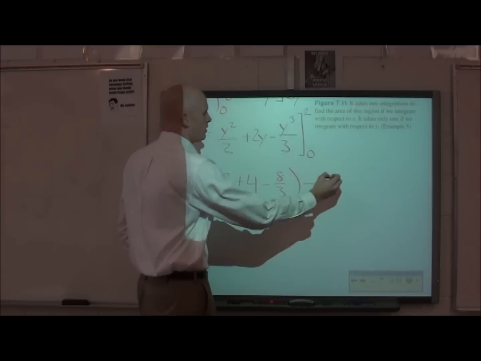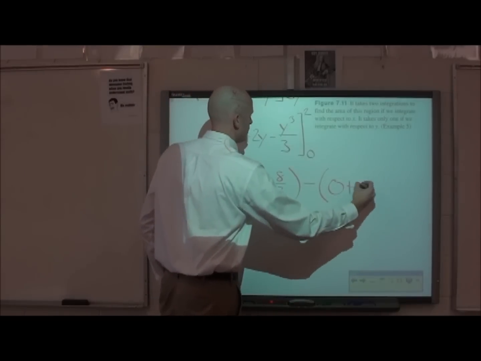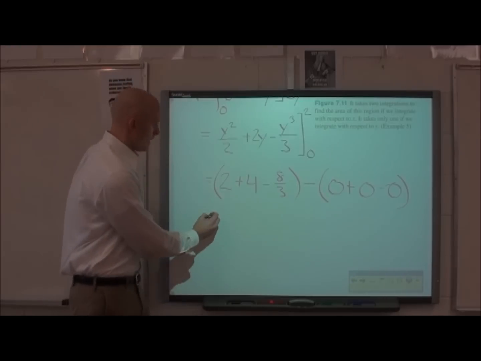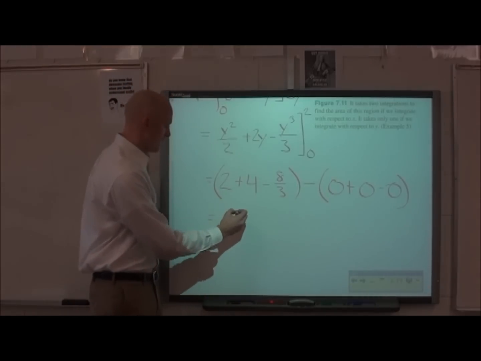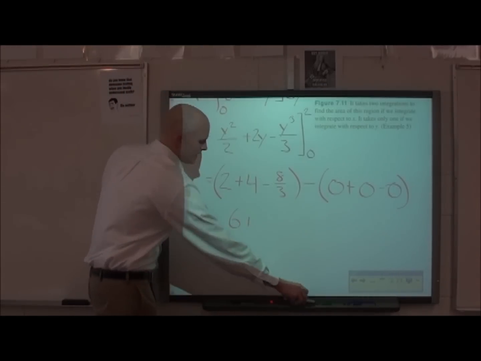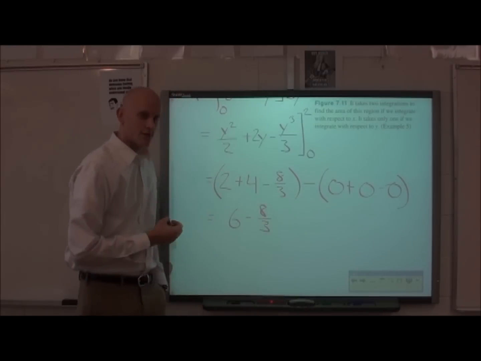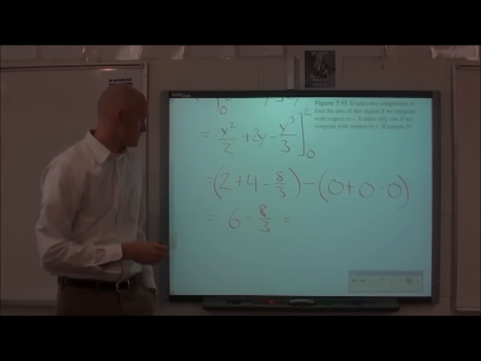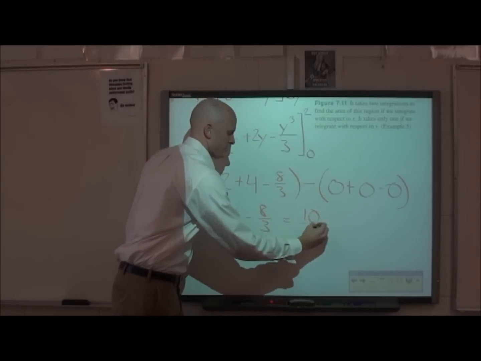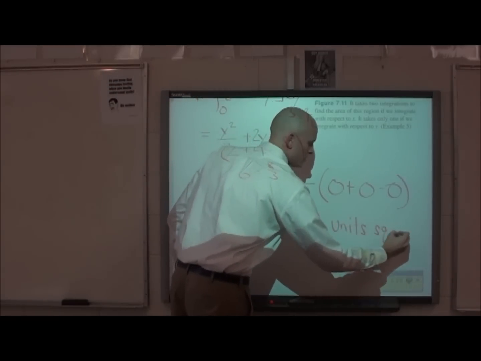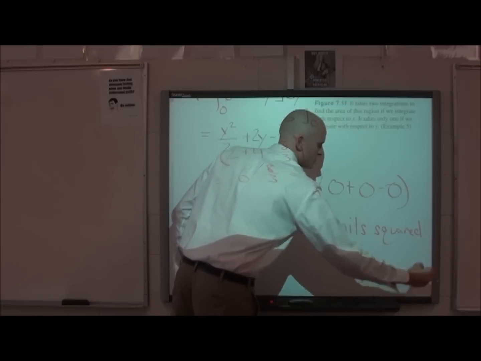Subtract, that would be 0 plus 0 minus 0. It's a tough one for you. And simplifying here, we have 6 minus 8/3, which is 10/3. And that is units squared.